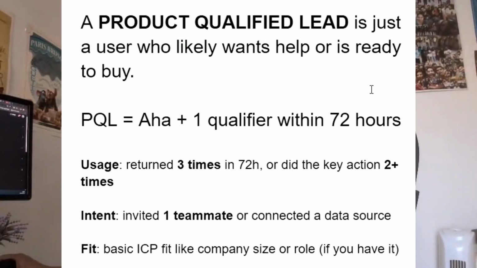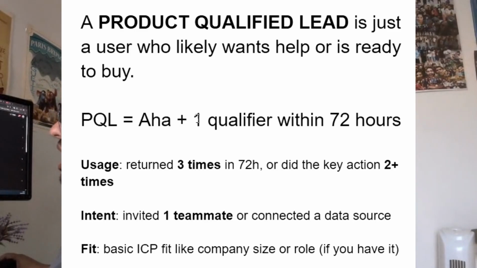So now let's talk about the third part which I mentioned, a PQL, and how to set up a simple rule for PQL. A PQL is nothing but a product qualified lead. What is it? In simple terms, don't get misled. It is simply a user who likely wants to help or is ready to buy, basically.